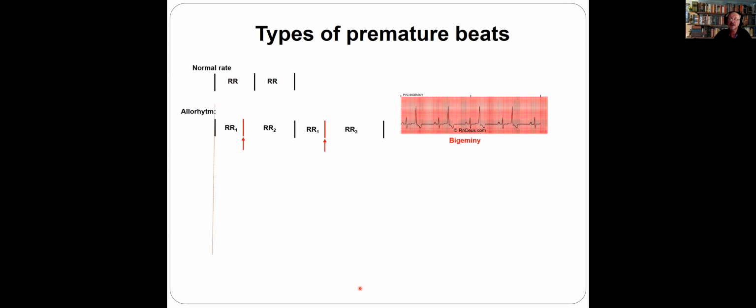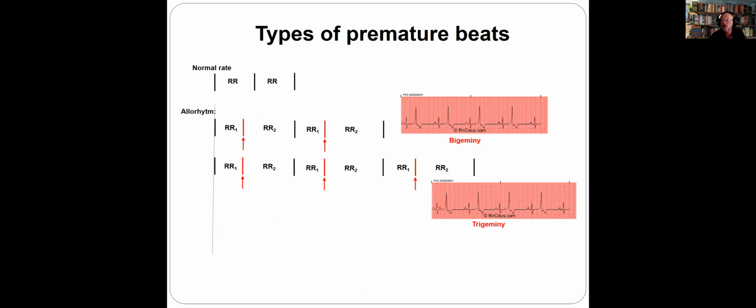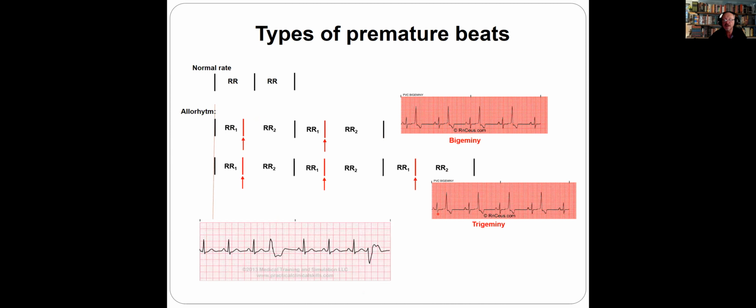If every second beat is a premature beat, this is what we call bigeminy. If every third one, that's called trigeminy. Every fourth one, that's called quadrigeminy. This is allorhythm, meaning that it's a regular arrhythmia, because it's arrhythmic but regularly coming.